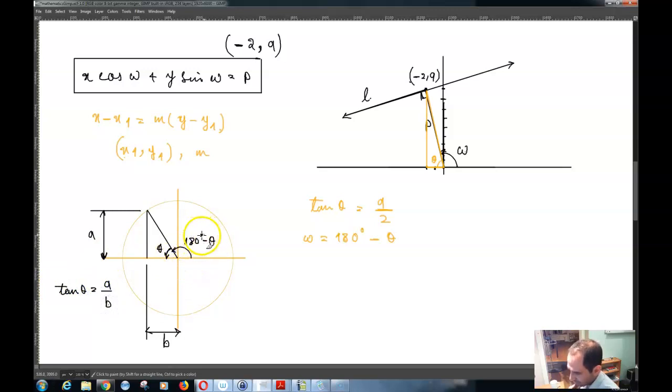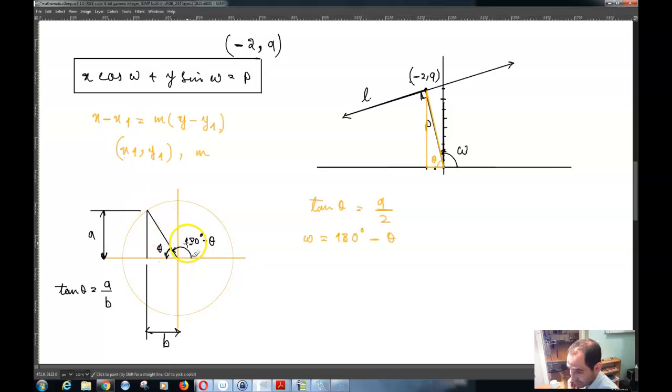Now, if I have another angle over here, basically the other angle is 180 degrees minus theta.